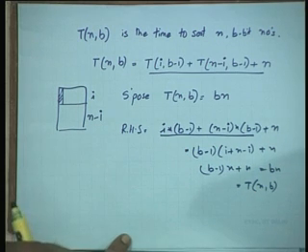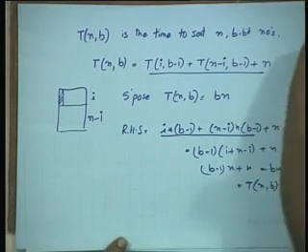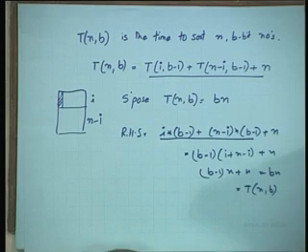So, this is correct. This is a solution to this recurrence, no harm. Okay. So, this is the time taken, and we will see other ways of arguing the same thing.